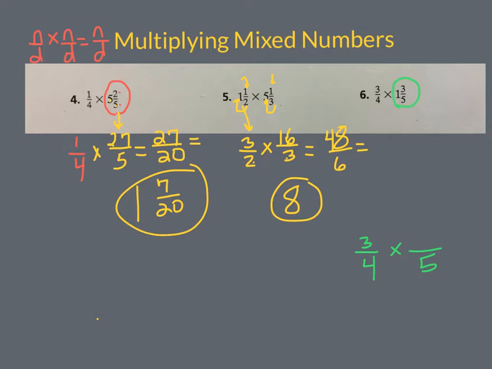And 1 3/5 becomes 5 times 1 is 5, plus the 3 makes 8. So it's 8/5. To solve that out, 3 times 8 is 24, over 4 times 5 is 20. And now to simplify it, 20 fits into 24 one time with 4/20 remaining, and that will actually simplify to 1 1/5 as my final answer for that as well.